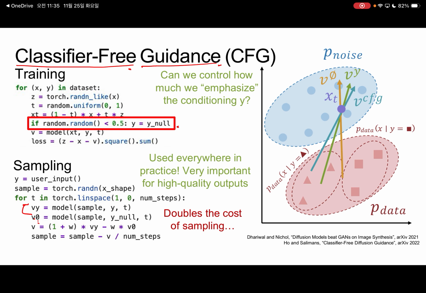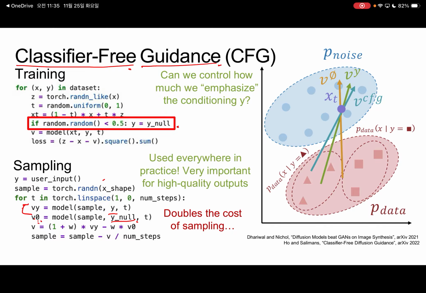In training, with some random probability, we drop y so that we train as if it is unconditional generation. And then in sampling, we sample two vectors from y and y null. We have Vy and V0. We make a linear weighting between Vy and V0.